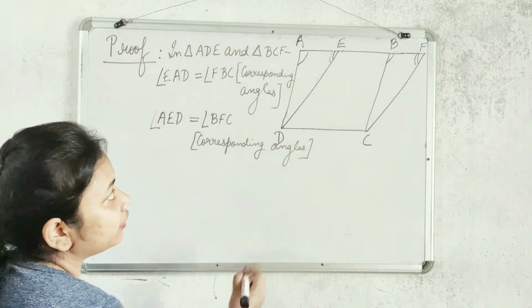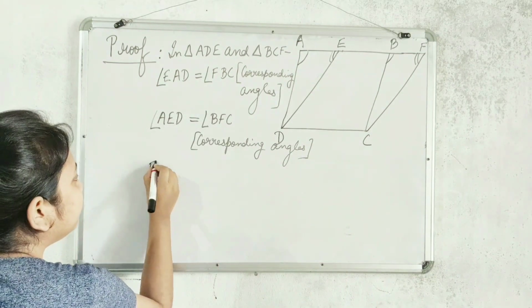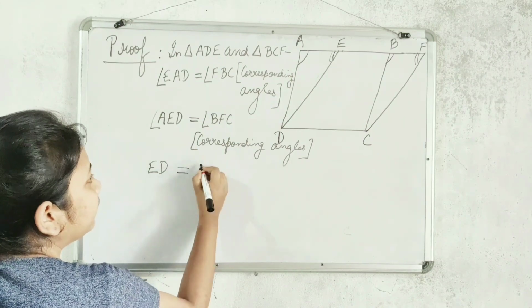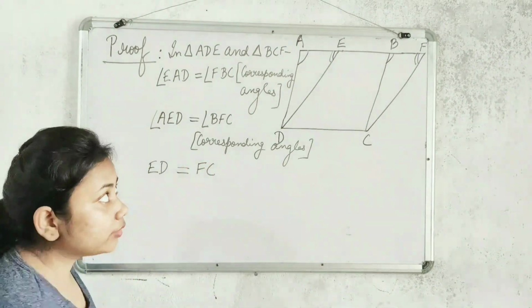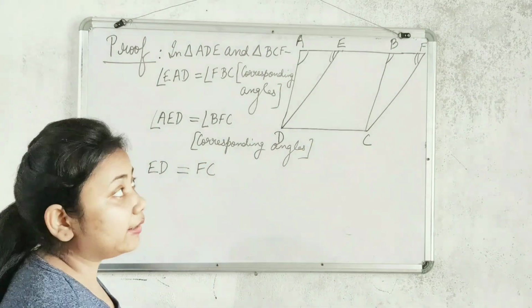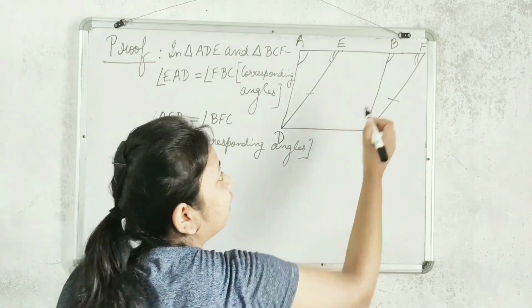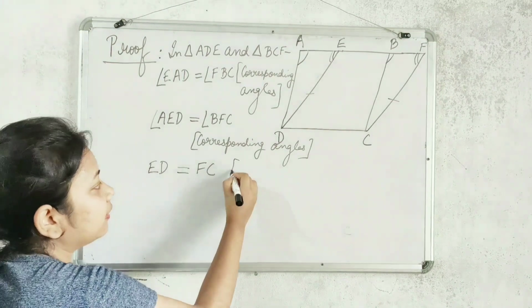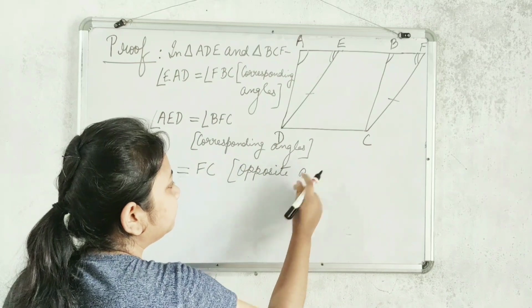Third condition, we can write ED equal to FC because EFCD is a parallelogram, and we know that opposite sides of a parallelogram are equal.